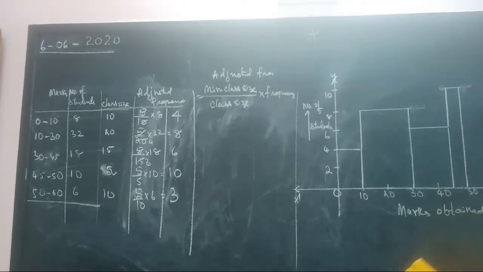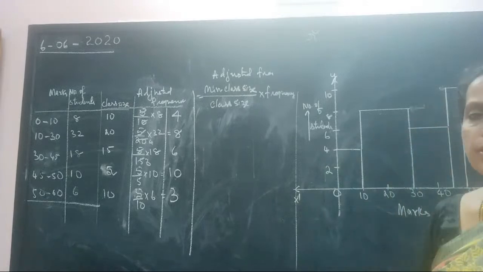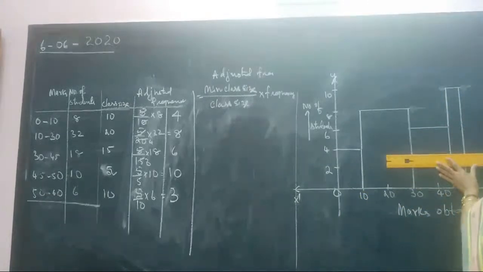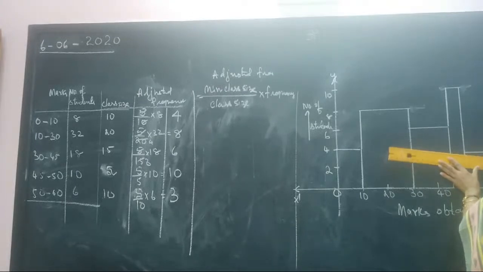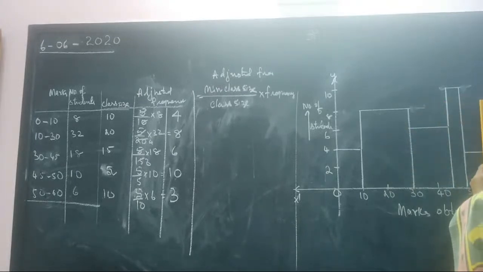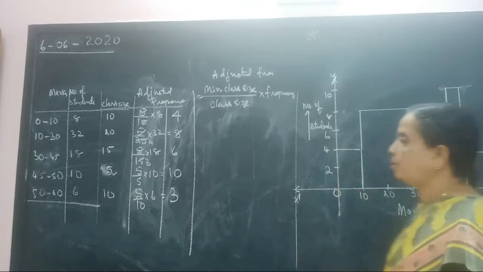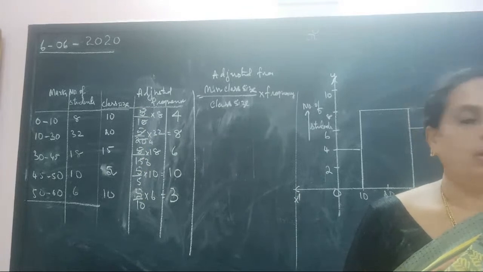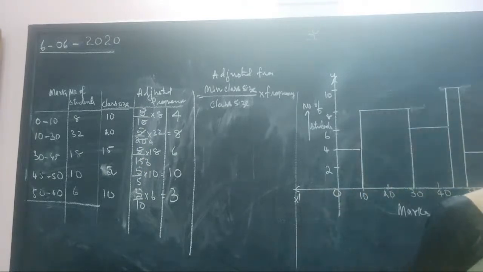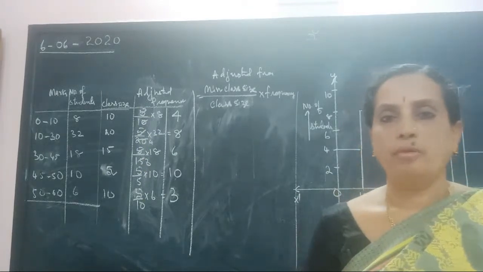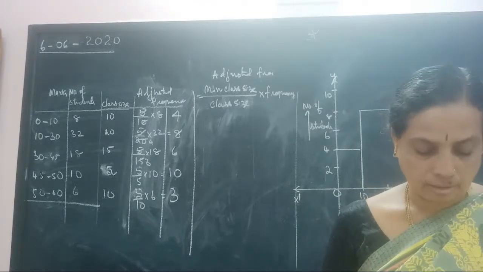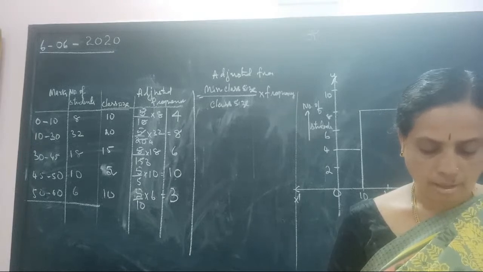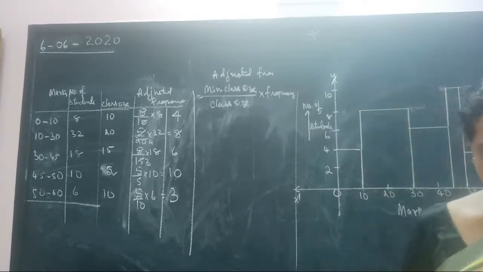Finally 50 to 60, it is 3. So with the variation in the class interval, you have the histogram with varying widths. You can check it out with the adjusted frequency.